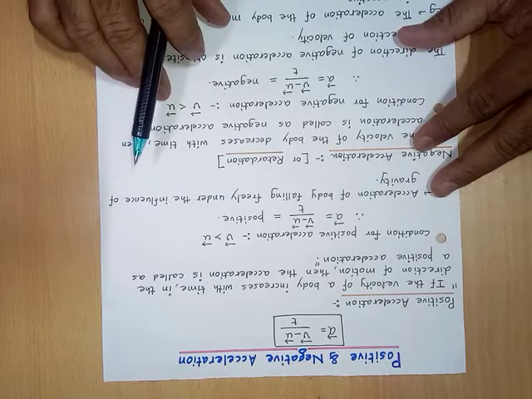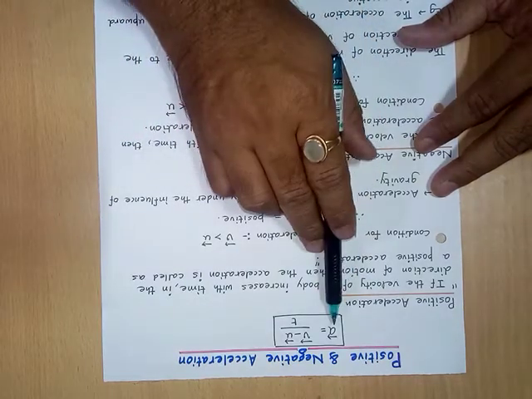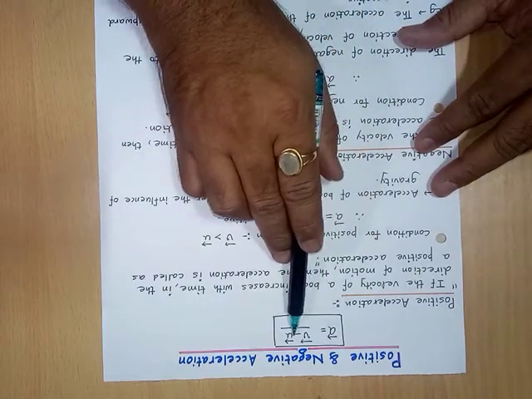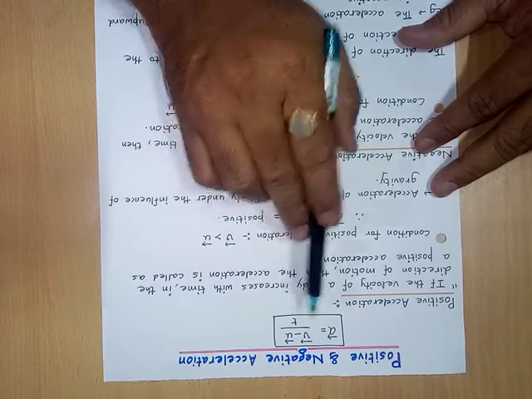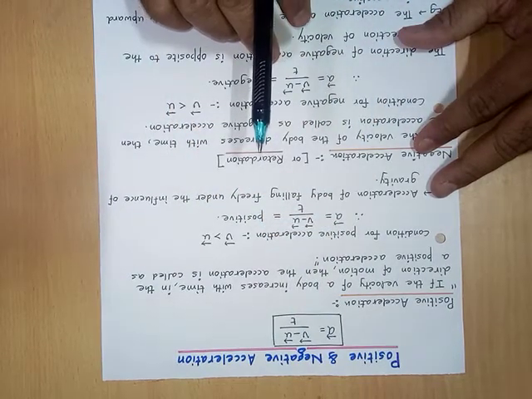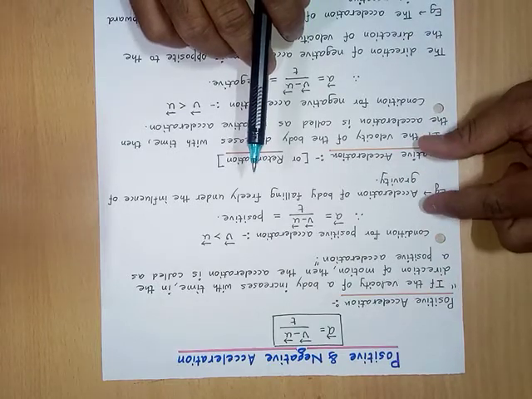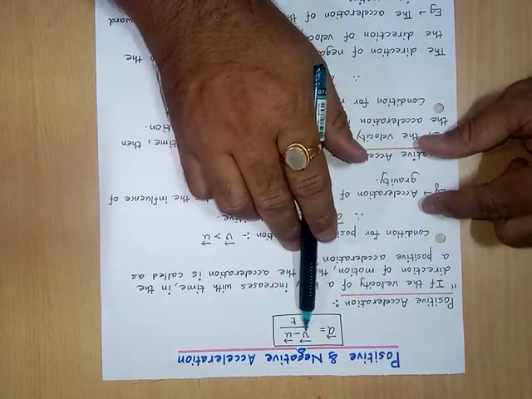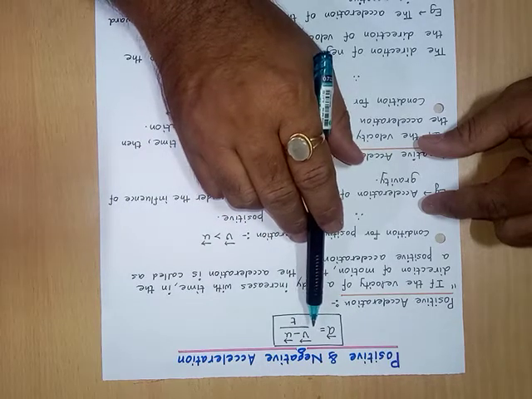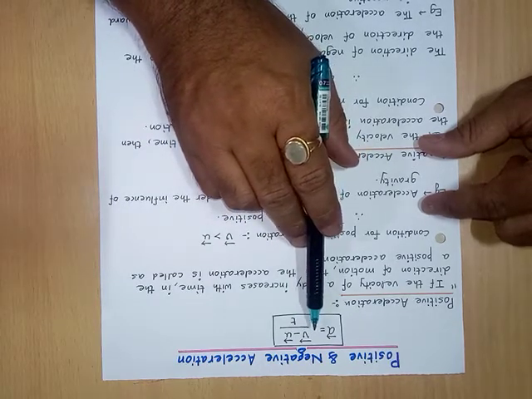While discussing acceleration, we have seen the formula for acceleration is a equals v minus u divided by t. The definition of acceleration is the rate of change of velocity with respect to time. Whenever the object is performing motion, it initially has some velocity and finally some different velocity.